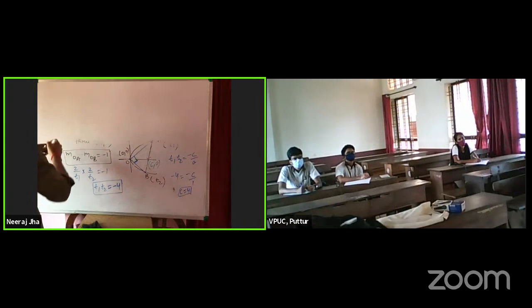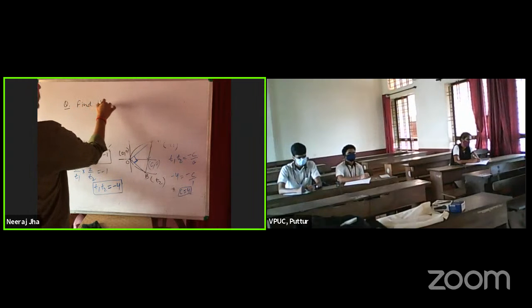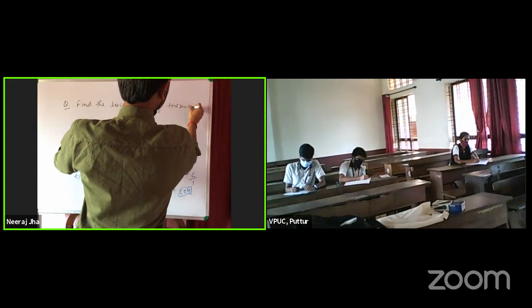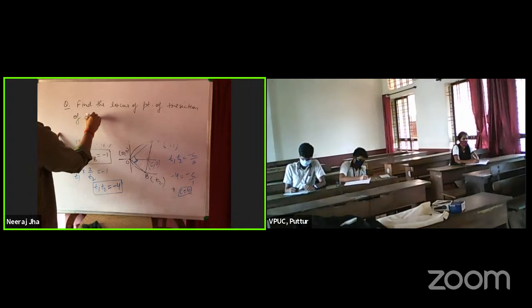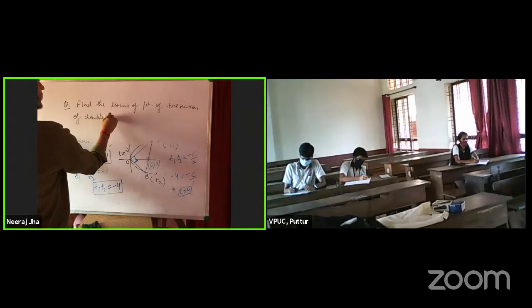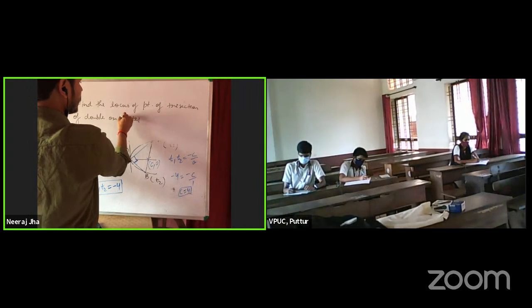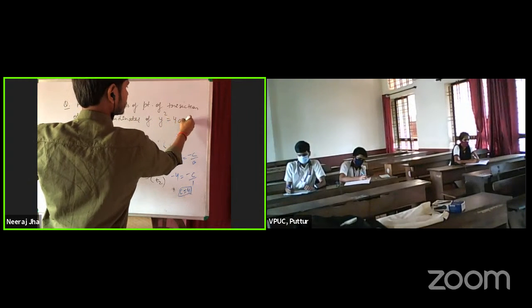Next problem is, find the locus of point of trisection of double ordinates of parabola y square is equal to 4ax.